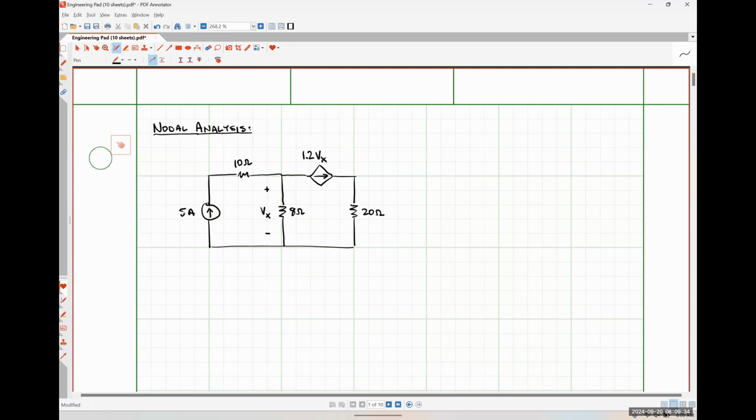Notice that we only have a single independent source, so we can't simplify anything by doing superposition. So in a circuit like this, where all other circuit analysis techniques have failed us or exhausted us, we can apply nodal analysis. So our first step is going to be simply identifying our nodes.